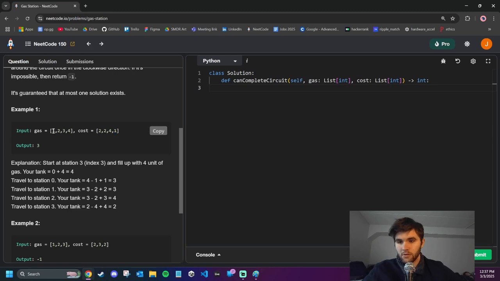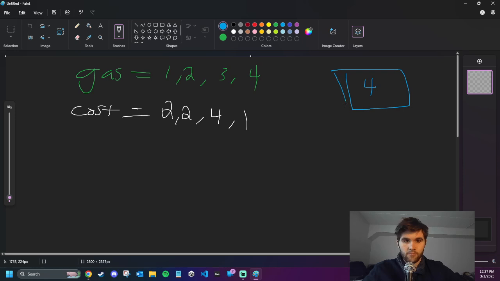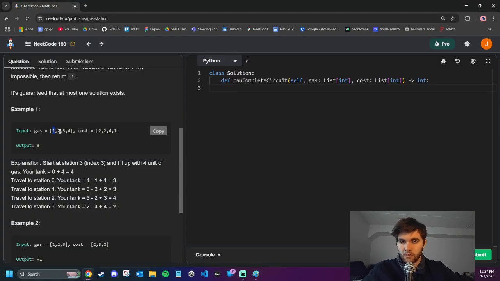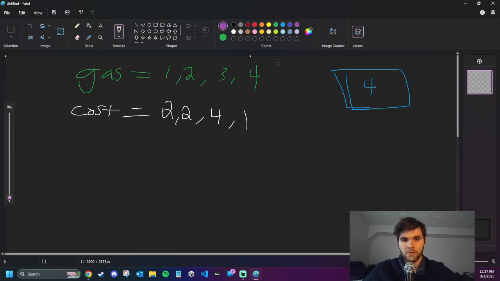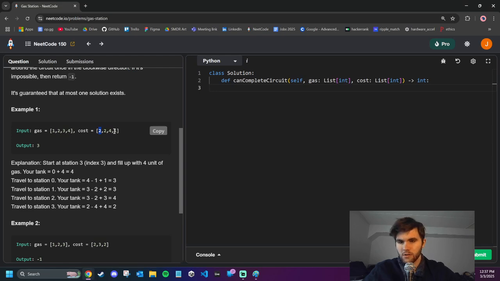So we start here with a tank of 4, and then this is the cost. So it costs us 1 to go here, right? Travel to station 0.